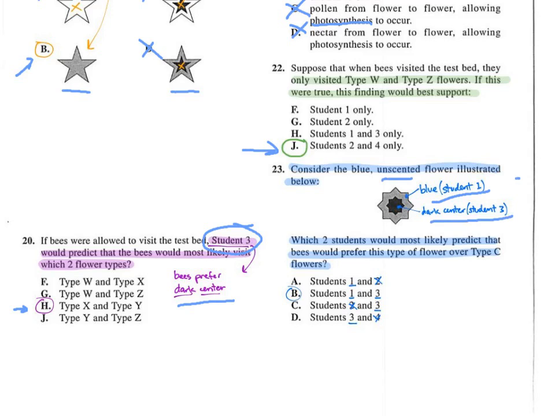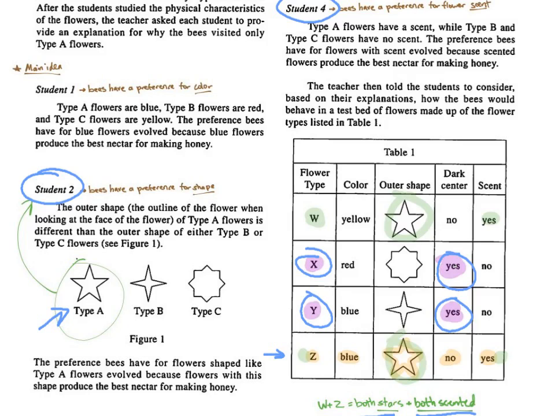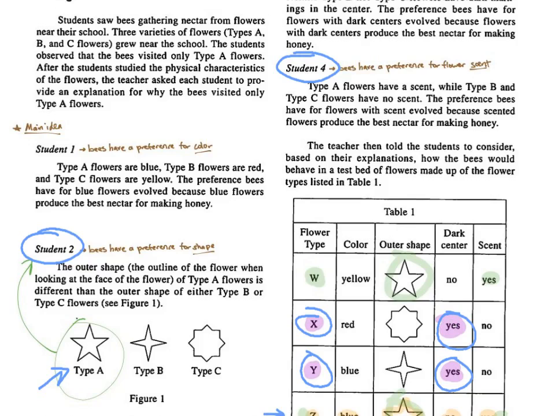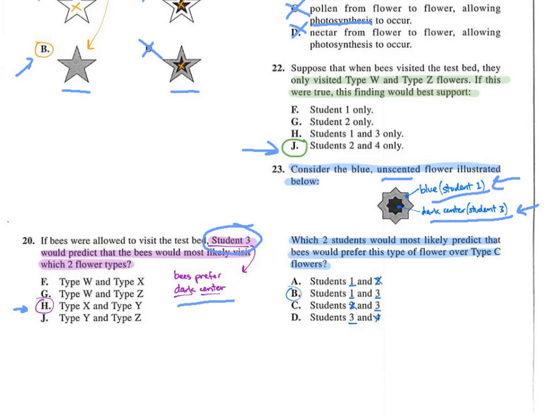Now remember, student 1 said that blue flowers were preferred by the bees, and student 3 said that dark centers were preferred by the bees. Student 2 had a preference for shape, and they said that that star shape was preferred. And student 4 said that a scent was preferred.